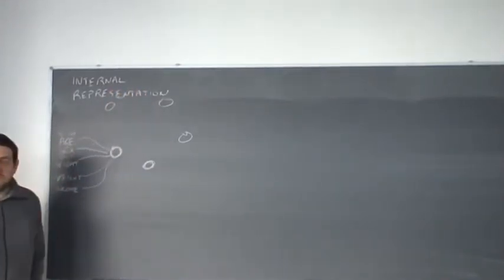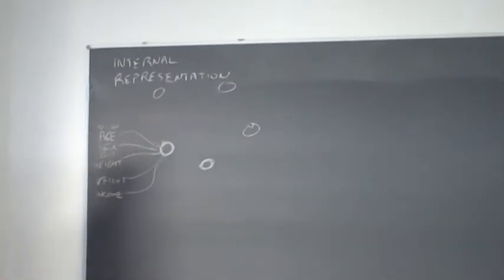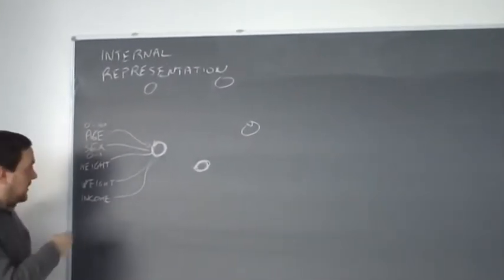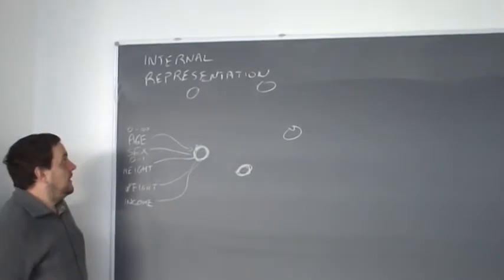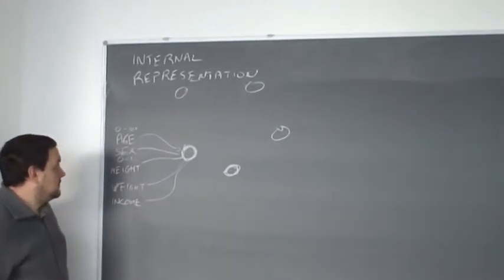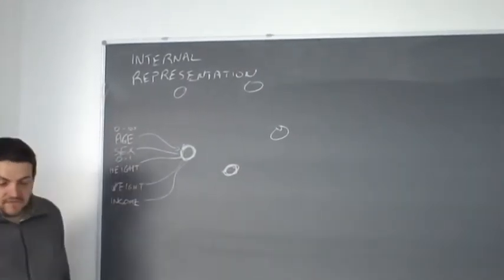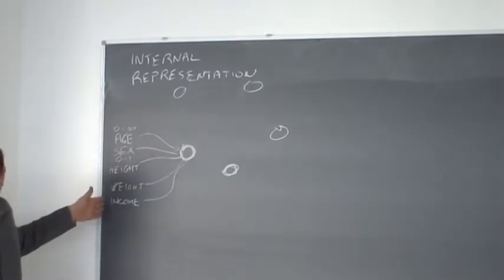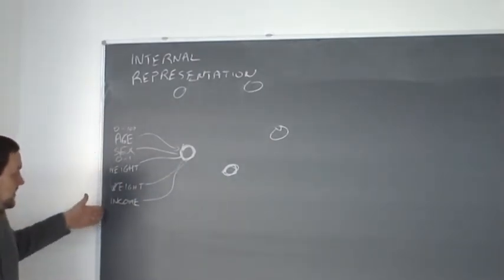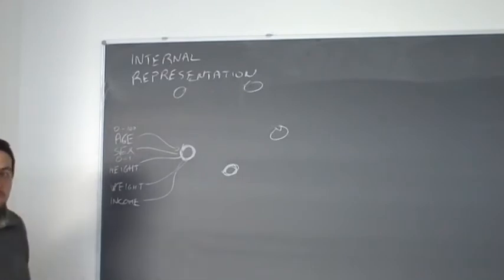Of our objects. And this representation, you see, it's given by a tuple. And let us assume that this tuple is made of numbers.